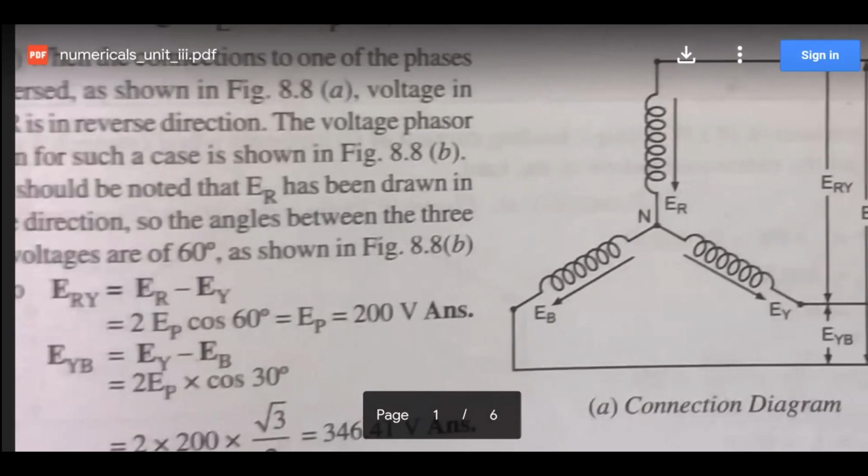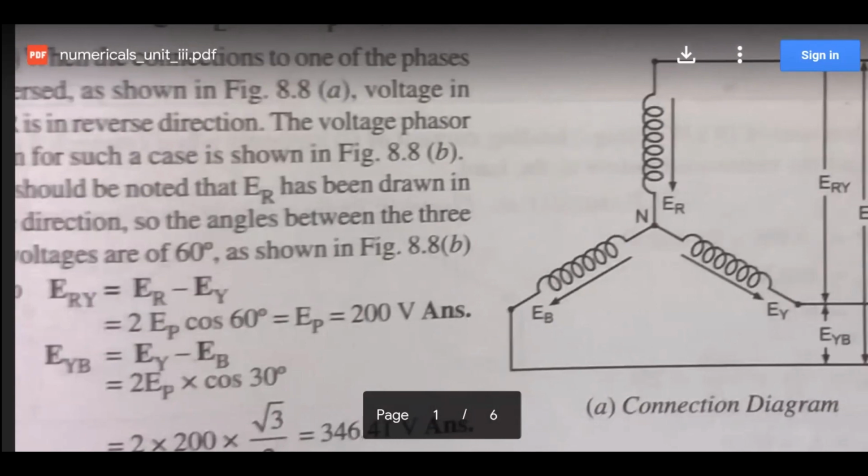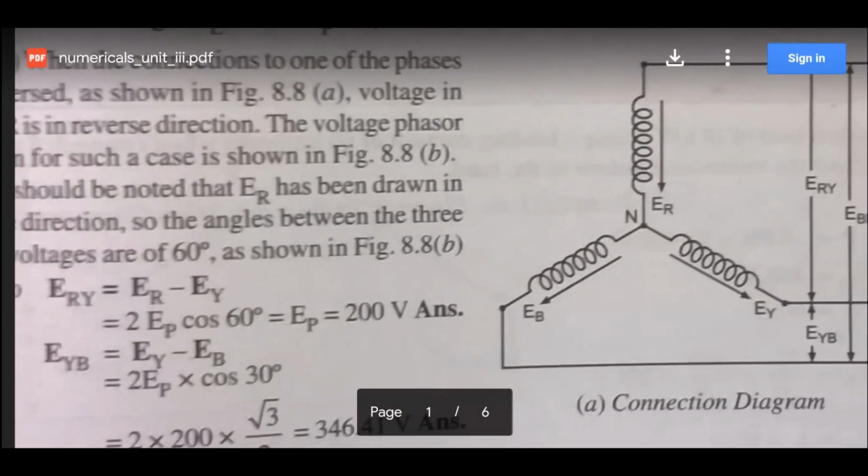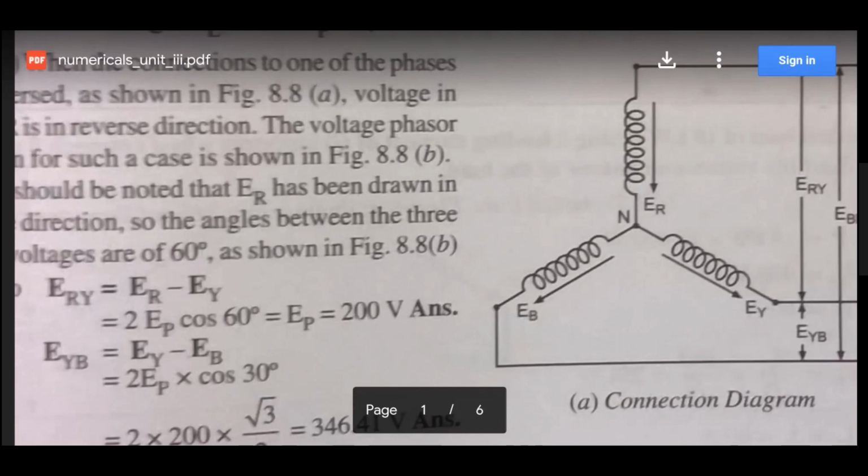Since it is a balanced system, the magnitude of the phase voltages, here, time and again you will see that it is represented as EMF. The difference between the EMF and voltage was already explained in the previous unit: if there is no drop, then we can assume that the EMF and voltage are the same.